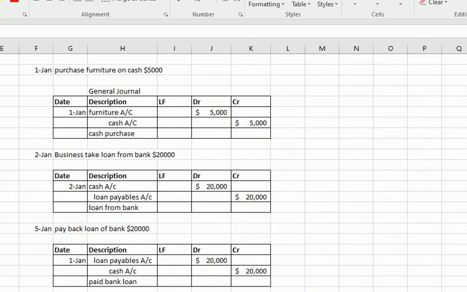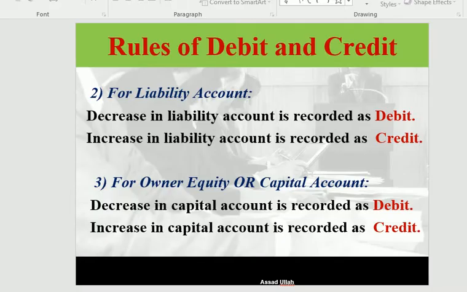Okay, now we will move towards the third rule, and the third rule is owner equity or capital account. The third account is owner equity or capital account.